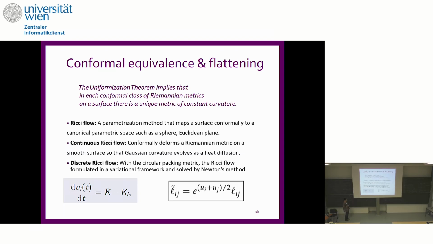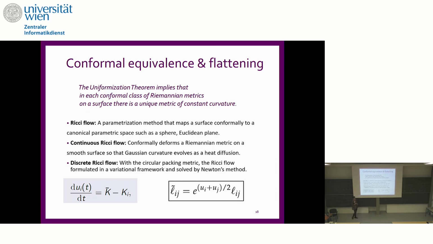One possible way to obtain it is through Ricci flow that was nicely studied in the continuous case. So it's supposed to conformally deform indeed your Riemannian metric to a smooth surface that would have this constant Gaussian curvature. And this curvature indeed evolves as a heat diffusion. And based on that we can just ensure that the conformality is maintained.